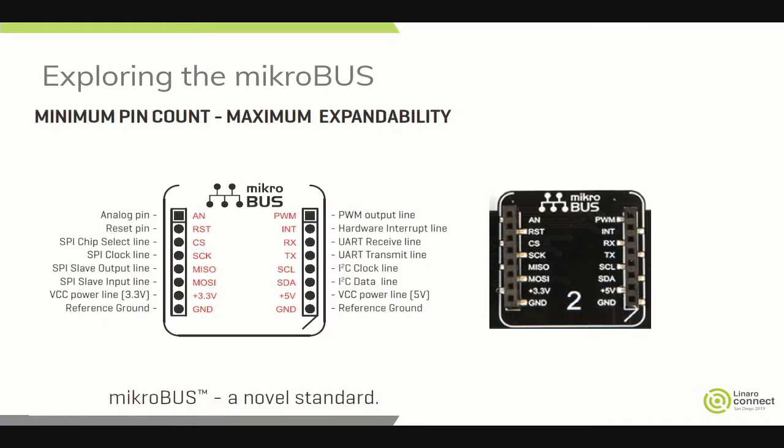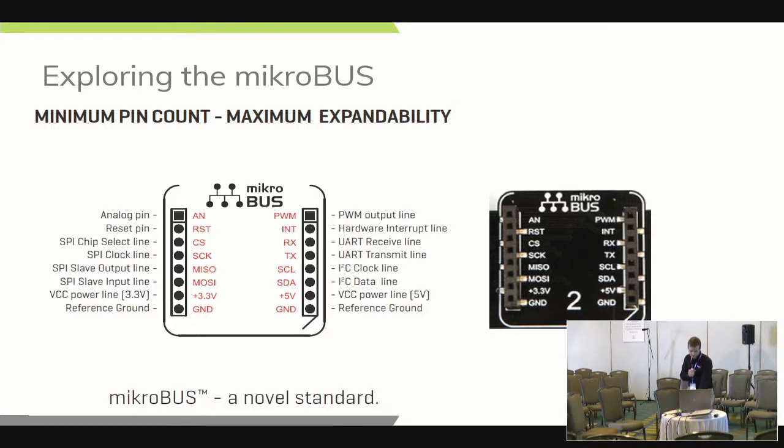So let's talk about the female MikroBUS and how these 16 pins can enable all this development. On a MikroBUS, the standard is you have an analog pin, a PWM output pin, a reset pin. You got your hardware interrupt line, of course, your SPI communication, your UART transmit and receive, standard for UART communication, I2C lines.